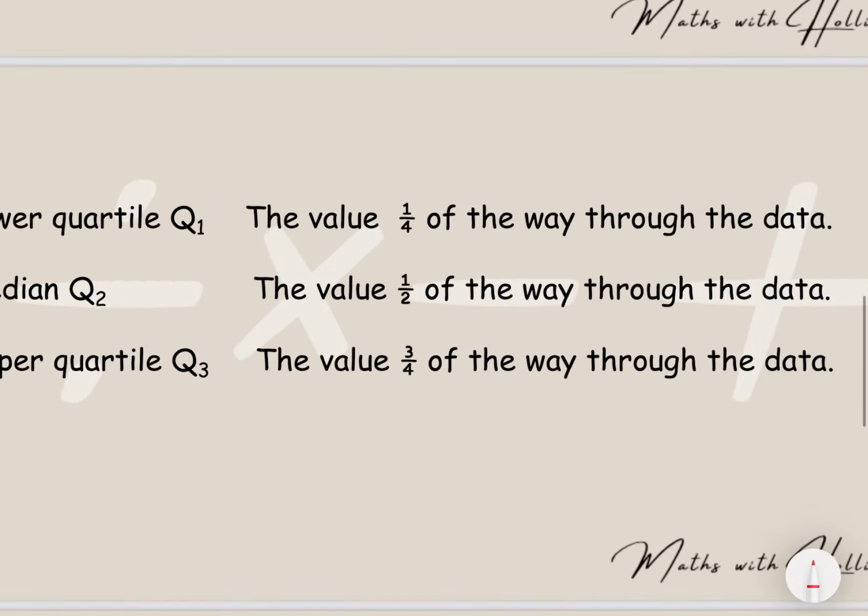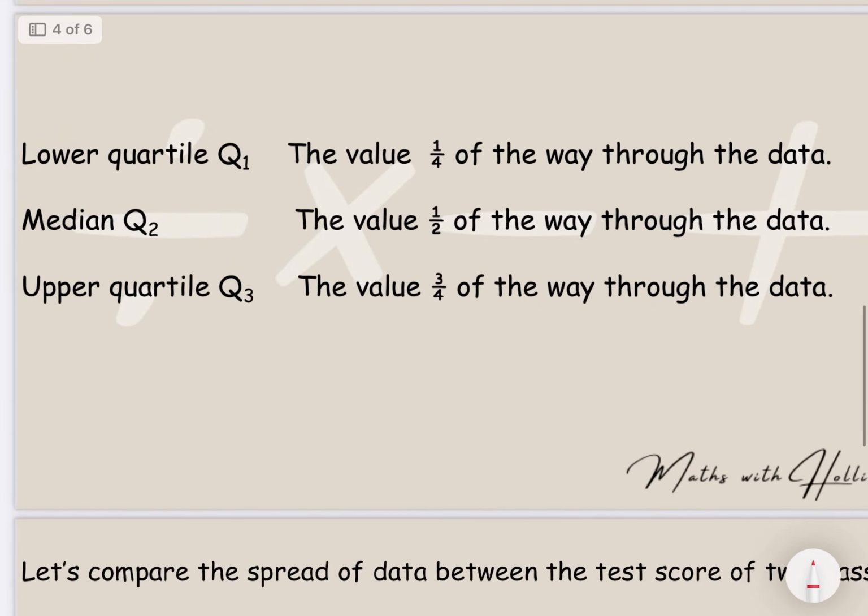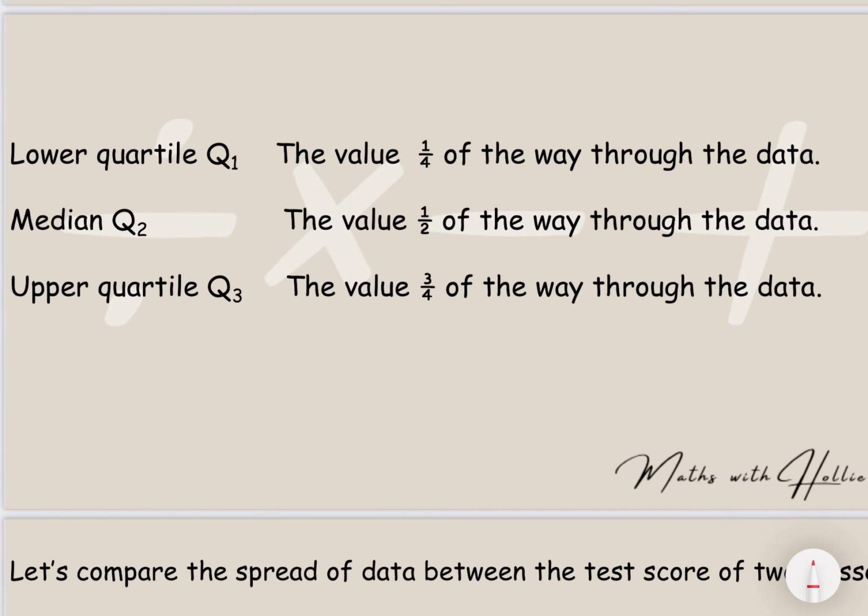So just to go over some key points again. The lower quartile, or Q1, is the value a quarter of the way up through the data. Q2, we don't really call it Q2, but that is the median, so that's the middle number. That is 50% of the way through the data, which is a half of the way. And then we have Q3, which is 3/4 of the way through the data.